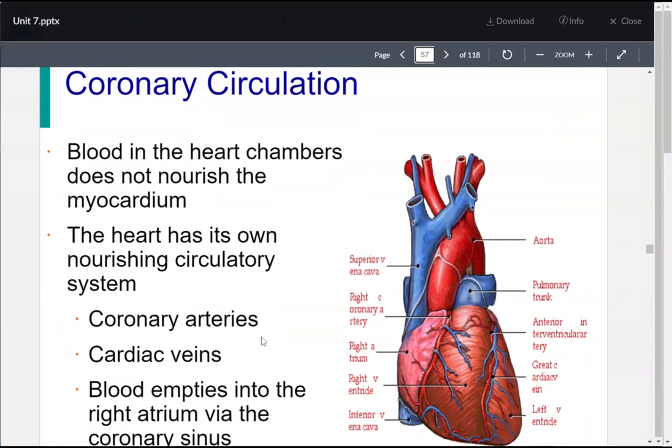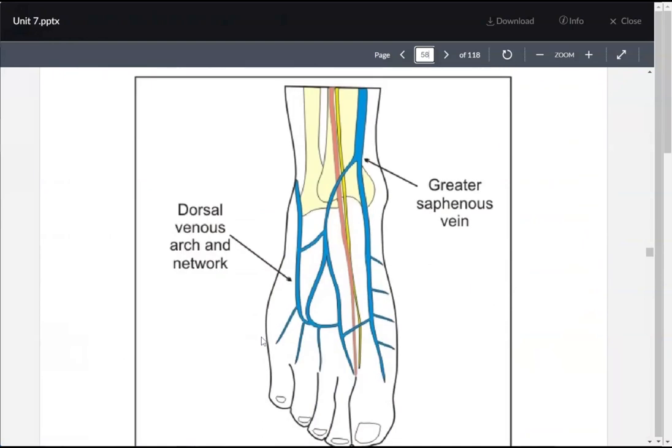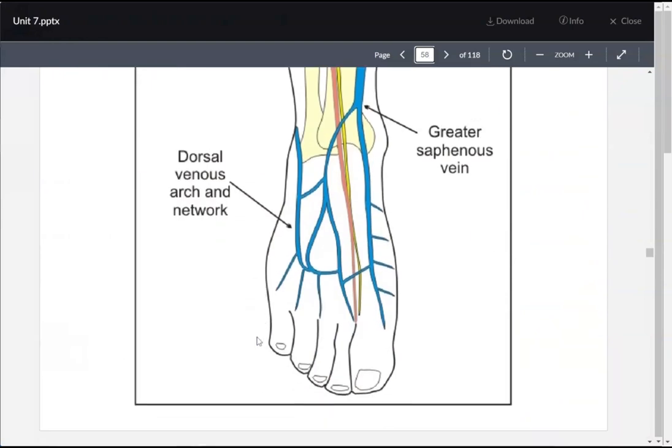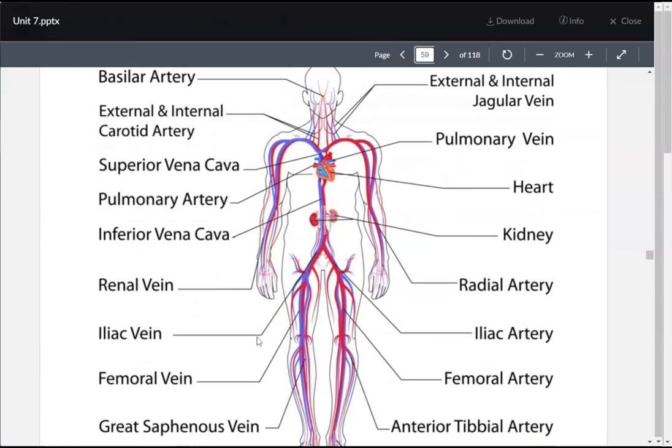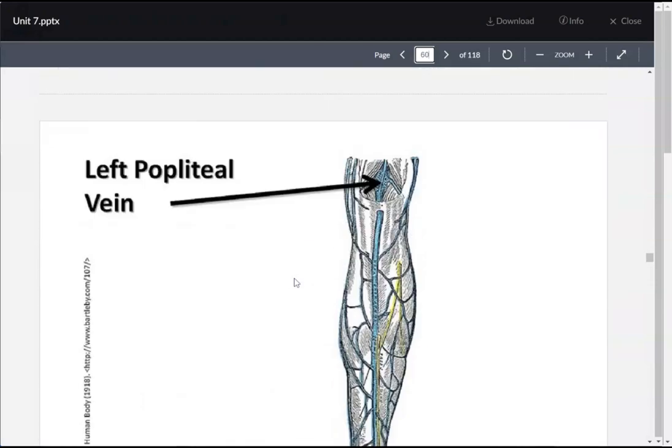Again, re-showing our coronary circulation because this is going to involve the veins as well, and then down into the foot. And this one is showing you these side by side, and as you can see, the artery and associated vein typically are running in the same location, either one on top of each other or next to each other.